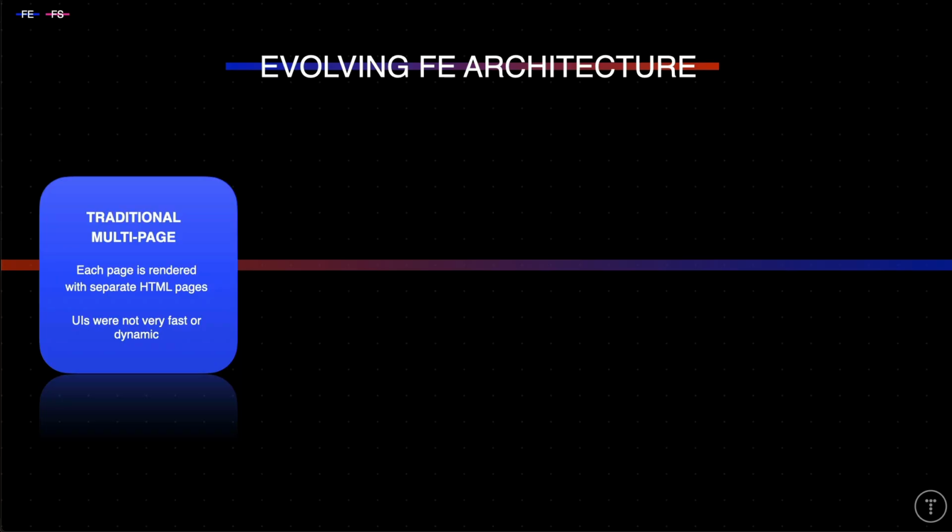Each distinct piece of content is presented on separate HTML pages, whether it's static, whether you create those HTML pages, or they're generated by some kind of server-side language like PHP. And this is still a common approach. It's great for SEO, but the UI isn't as fast and dynamic as if you were to use a front-end framework like React, which for many projects is absolutely fine.